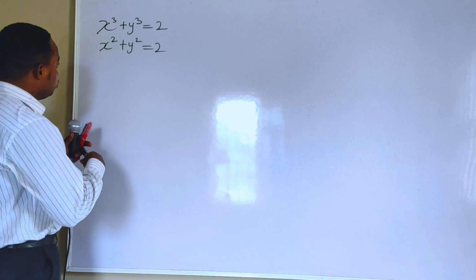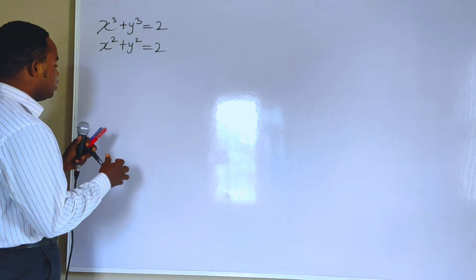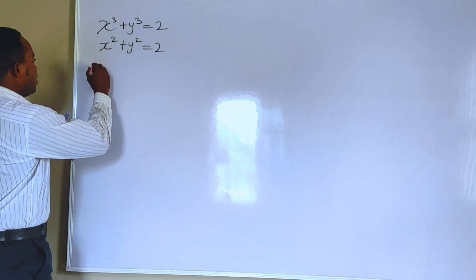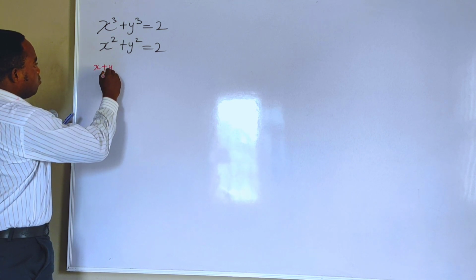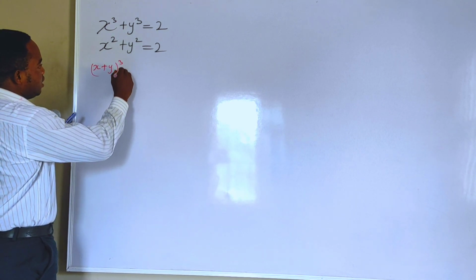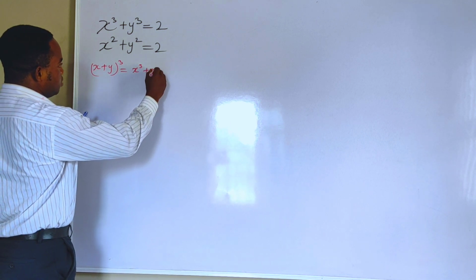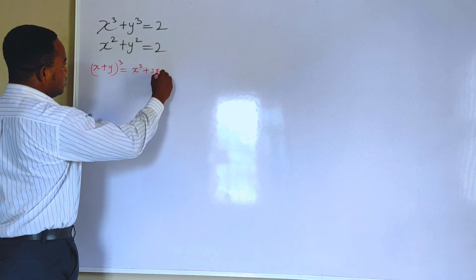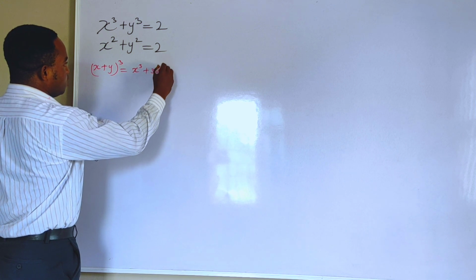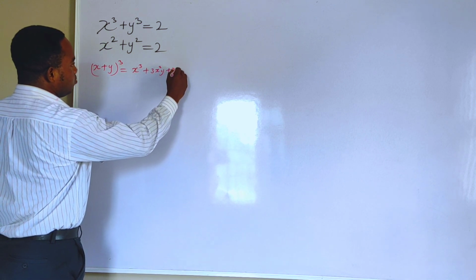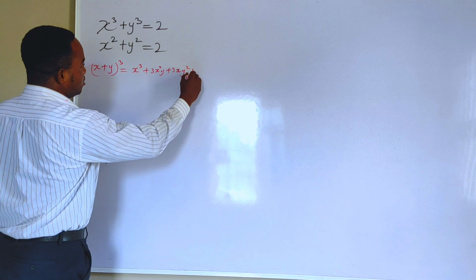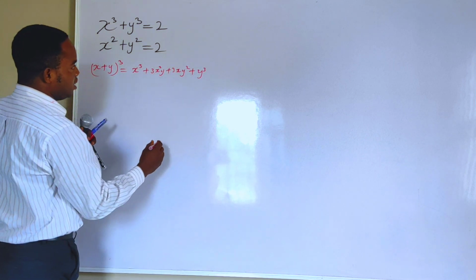The first thing you should do at this point is recall that when you have x plus y to the third power, when you open this bracket, this is going to be x raised to power 3 plus 3x squared y, plus 3xy squared, and plus y raised to power 3.